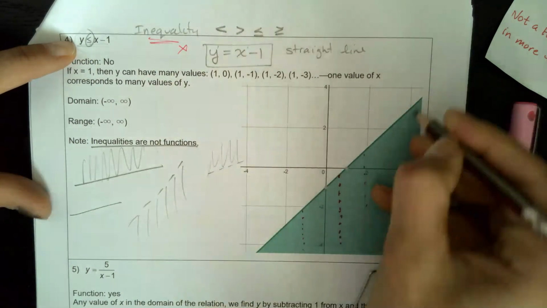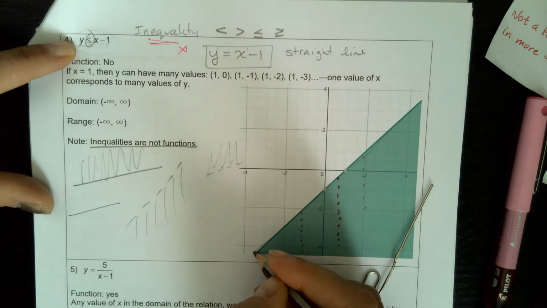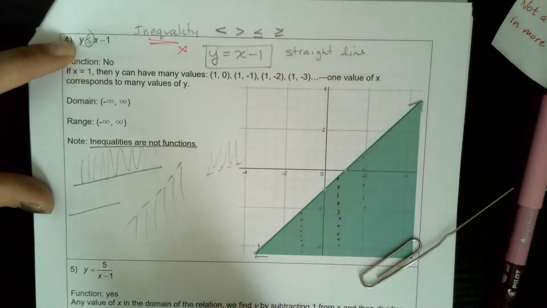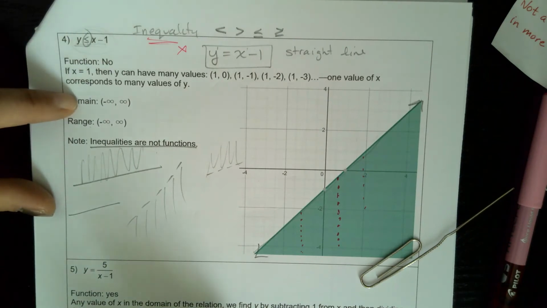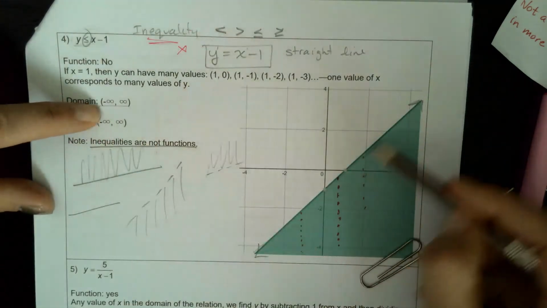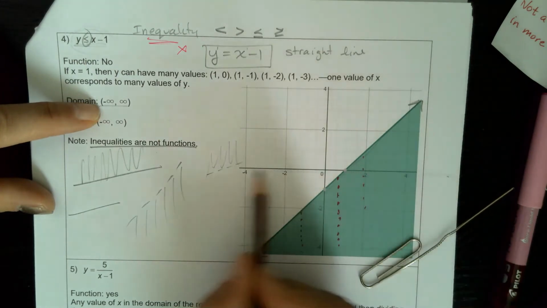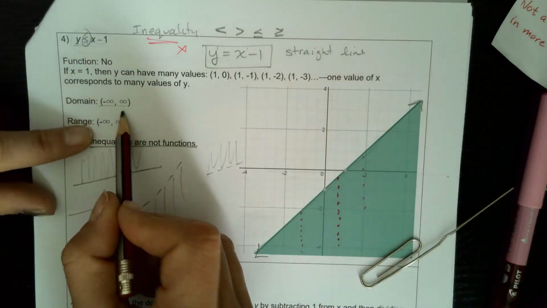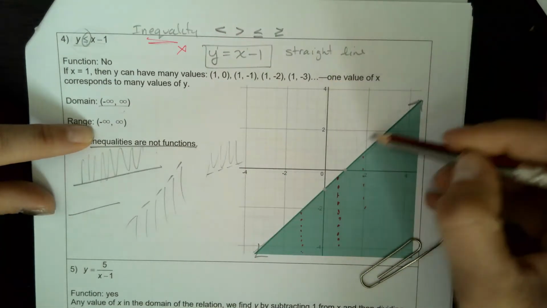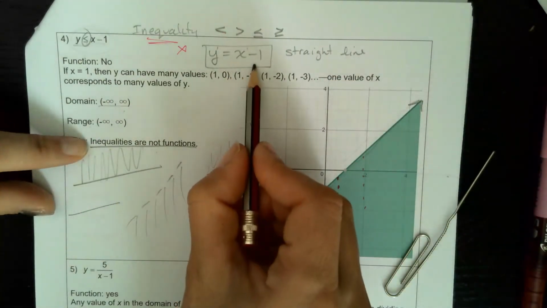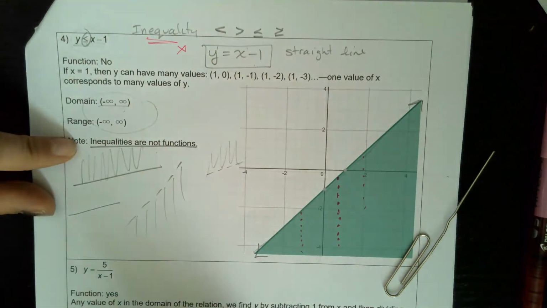Which means it goes on forever and ever both ways. And for straight lines, the domain, because it goes forever, we're always going to use all of our x's on the positive side and all of our x's on the negative side. And the same for the y values. It just keeps going and going. So whenever you have a straight line, it's easy for domain and range.